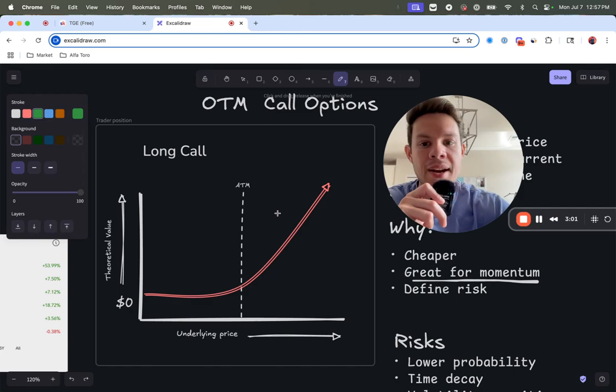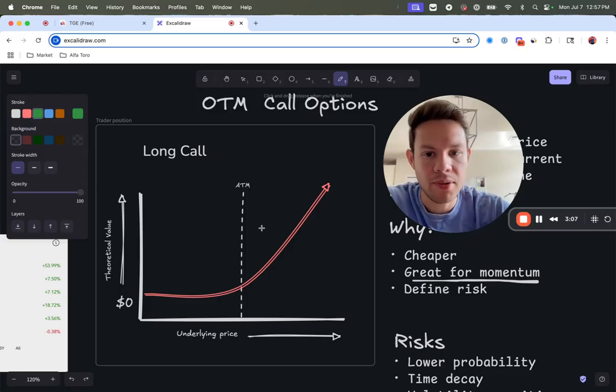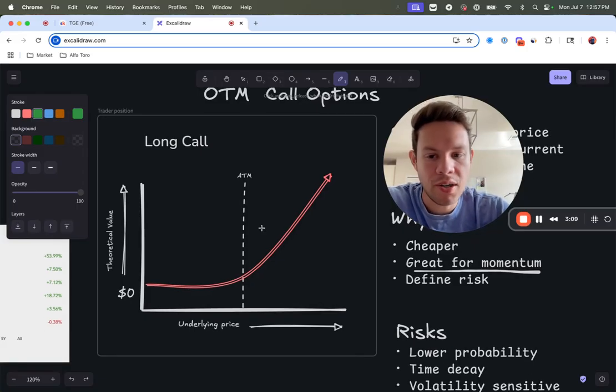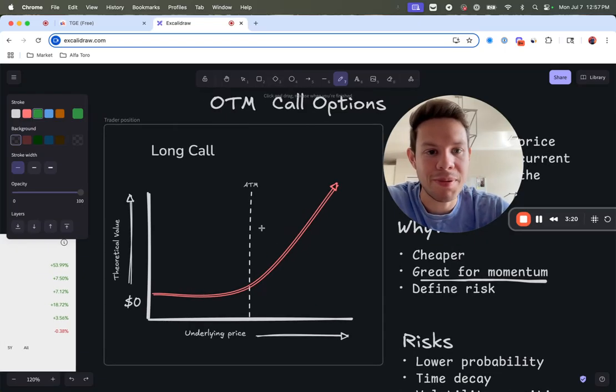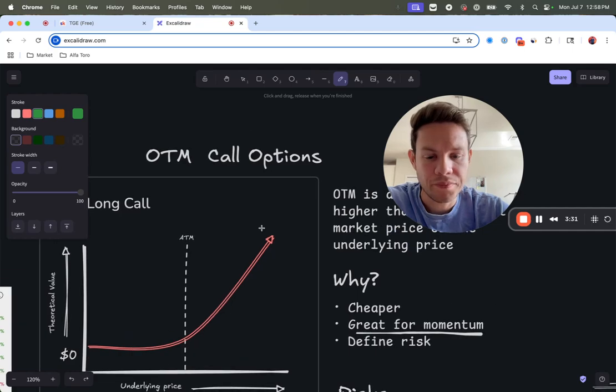You have an unlimited amount of profit potential. Okay, that's why they're so popular. It's unlimited profit potential. You could turn a $100 strike into $300, $400, $1,000 per contract, $6,000 is very, very possible, especially with very high momentum tickers like Tesla or Nvidia. Very, very possible. Okay, that's why they're so popular.